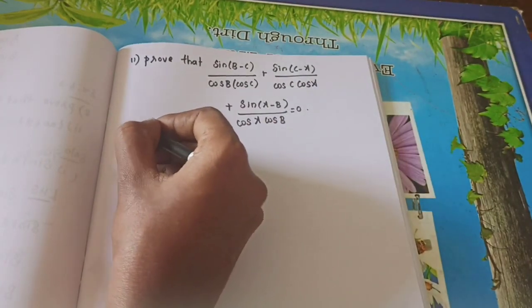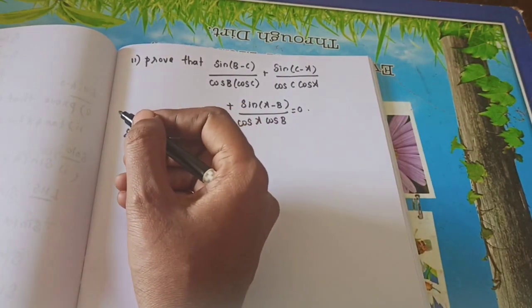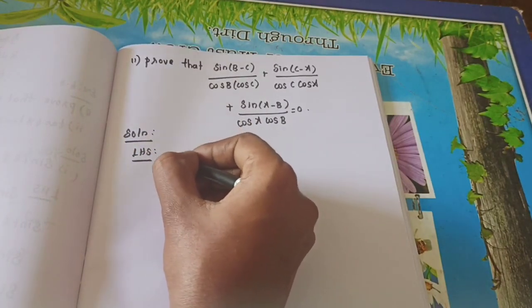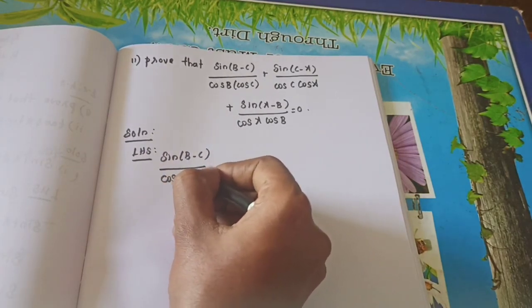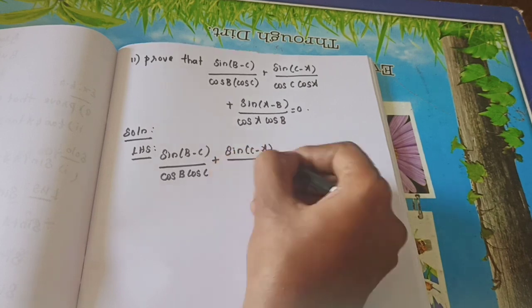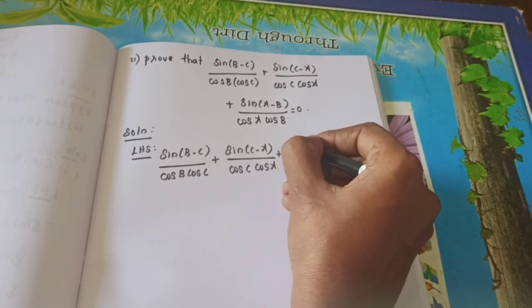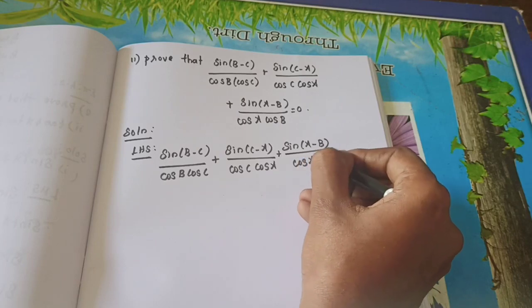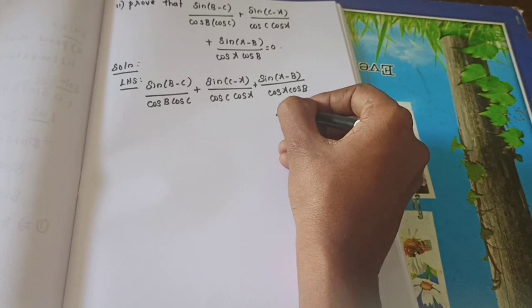Equal to 0. Listen, take down one by one and substitute in the formula, that's all. Take down the LHS first: sin(B minus C) divided by cos B cos C plus sin(C minus A) divided by cos C cos A plus sin(A minus B) divided by cos A cos B. Okay, what's the formula for sin(A minus B)?